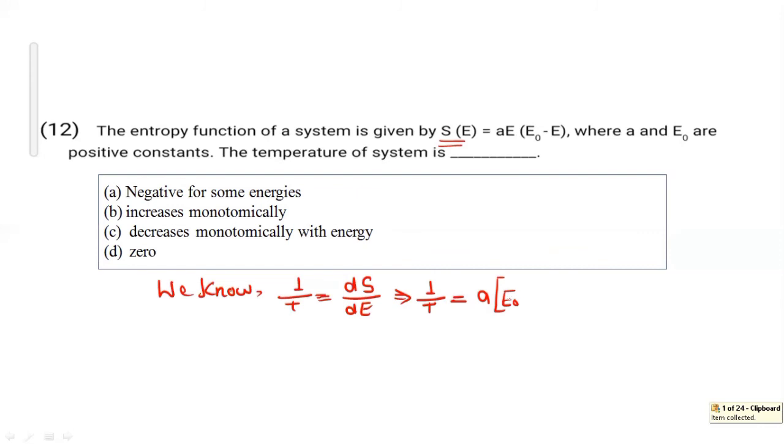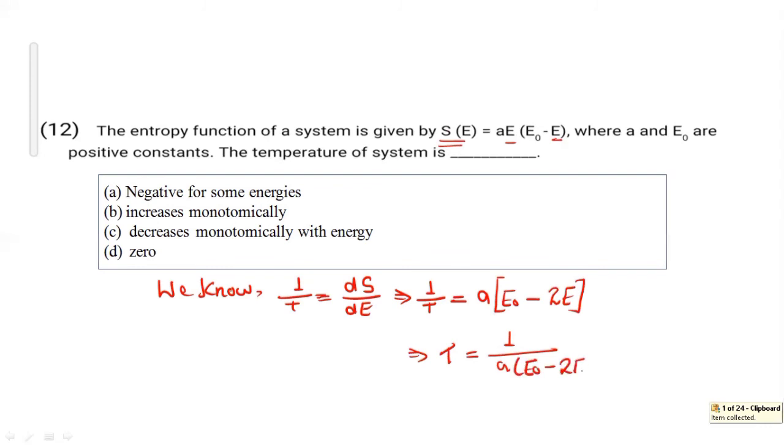The derivative of E is 1, minus, this time it is E times E, which is E square. On differentiating E square with respect to E, what you will have? Twice E, right?